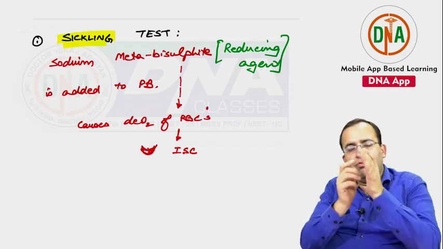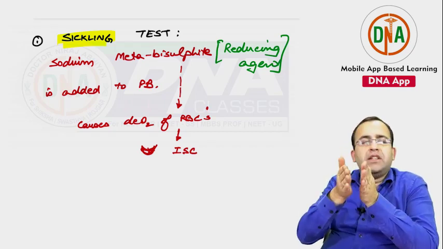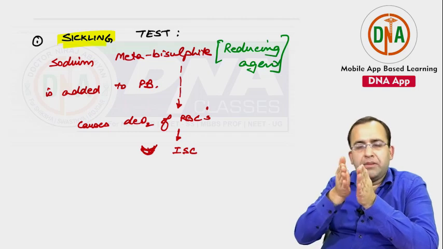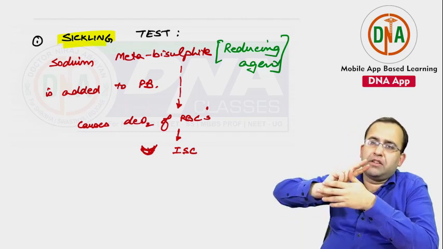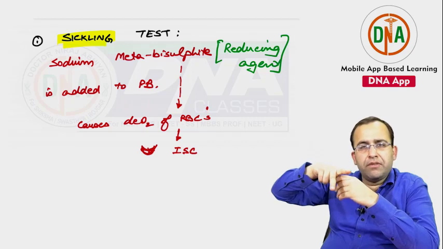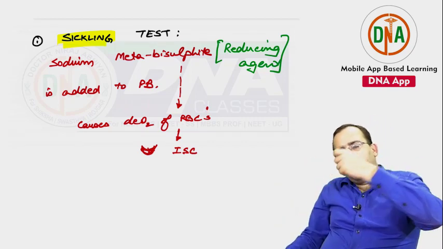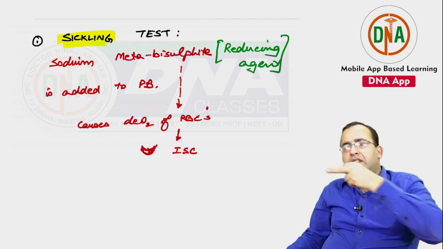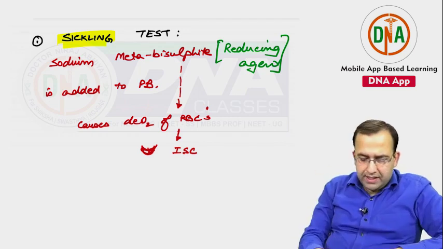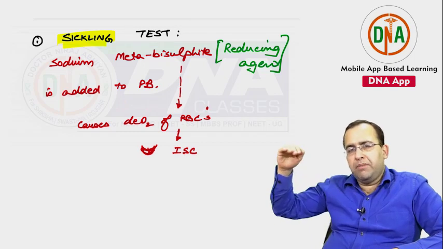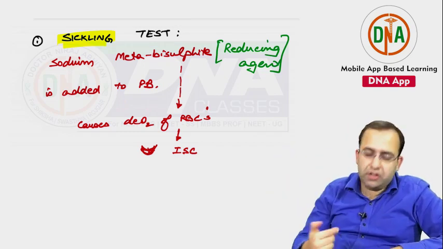Trait means one allele is normal, the other is abnormal. Autosomal recessive can be homozygous or heterozygous. If it is homozygous, it is sickle cell anemia. If it is heterozygous, it is sickle cell trait. So the sickling test can detect sickle cell anemia but not sickle cell trait.